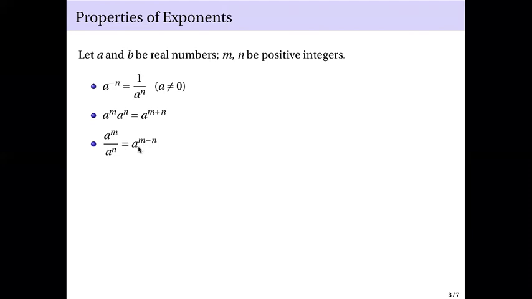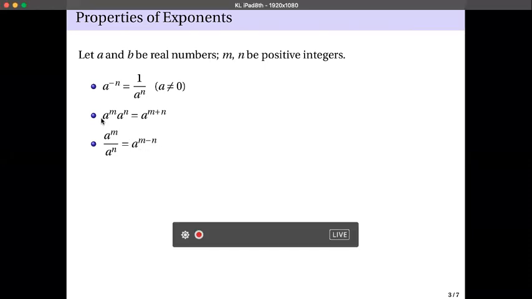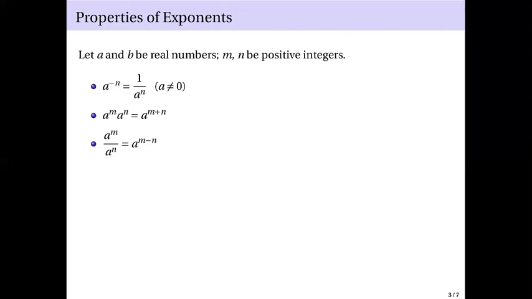So a to the m over a to the n equals a to the m minus n. This follows from bullet 1 and bullet 2 here.